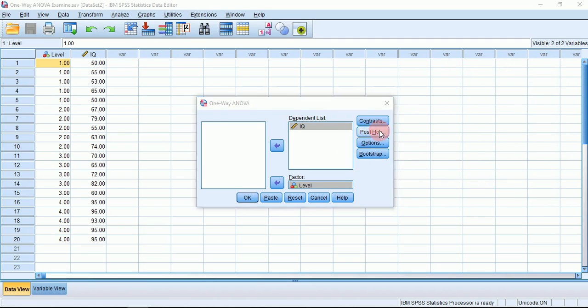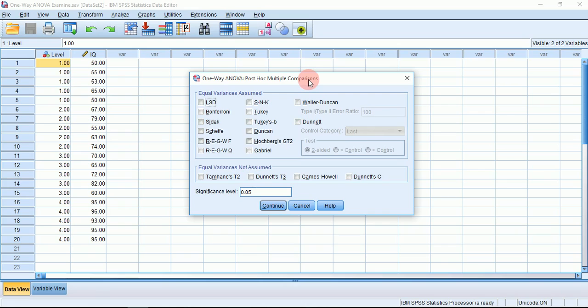And here there are 2 frames. The first frame assumes that there are equal variances in the dataset, and the second frame assumes that there are no equal variances, or equal variances not assumed. We will consider the first frame in the very beginning of this test.